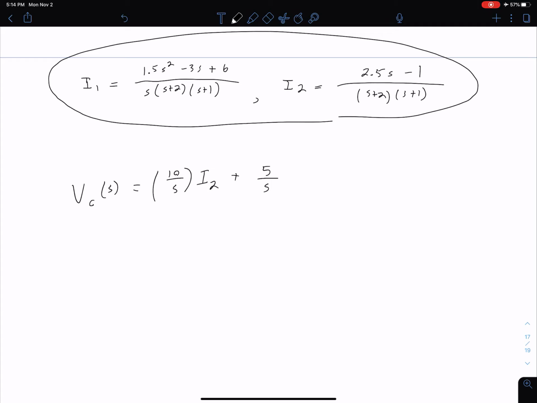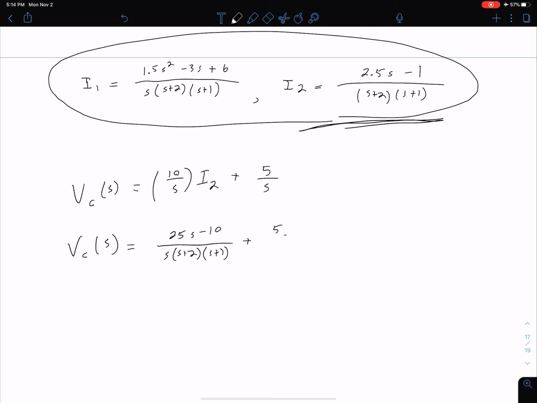So plugging in this solution for our I2, we can say that our VC of s is equal to 25s minus 10 divided by s times (s plus 2) times (s plus 1), and then plus a 5 over s. So what we're going to do now is just partial fraction expansion to be able to inverse transform this.